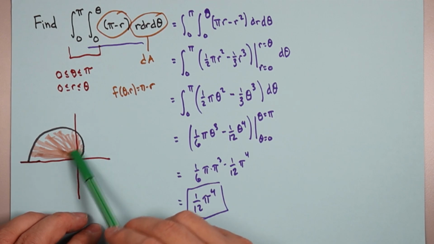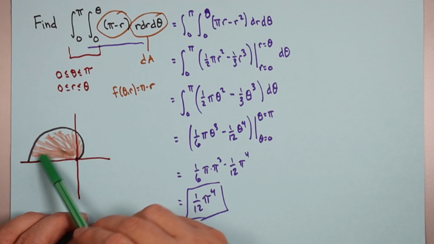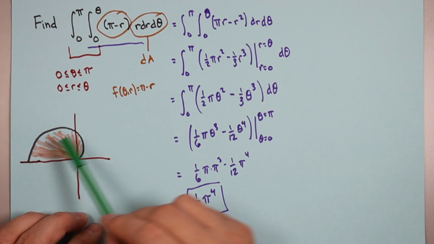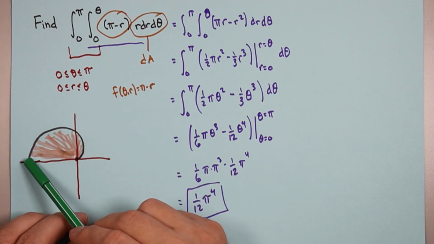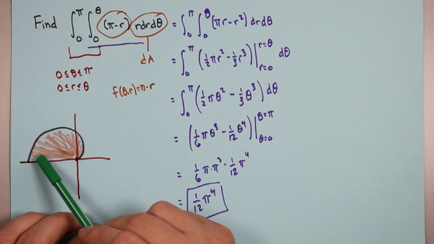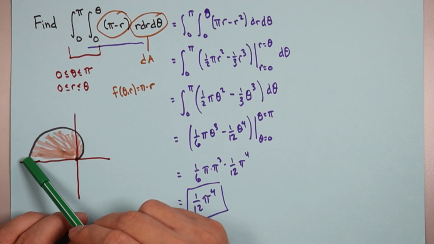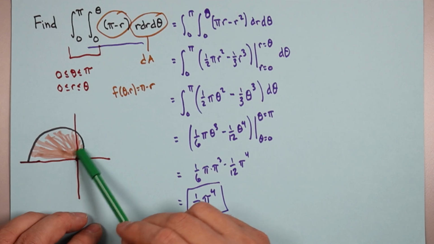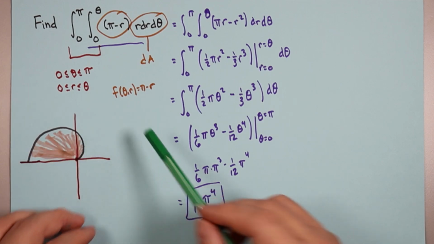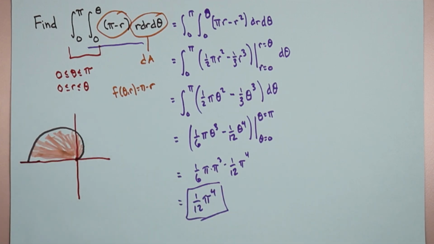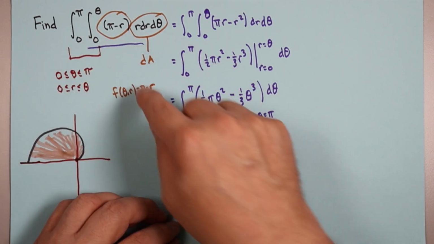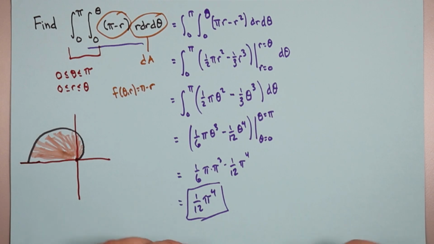And as you move further out, the further out you are, the less dense you are. In fact, at the edge here, where you have r equals pi, you're zero density. So it's a very dense object at the center, less dense out. And when you integrate density, it's like finding mass. So we can pull back and say, once you have an integral, you can sort of decompose the pieces, and then you can give interpretations as needed.